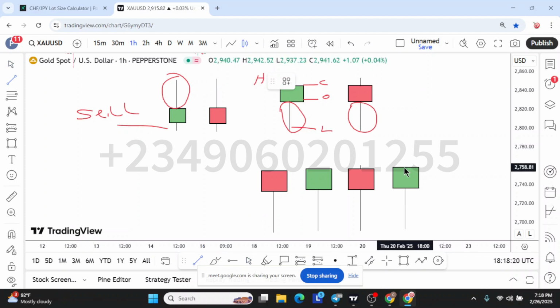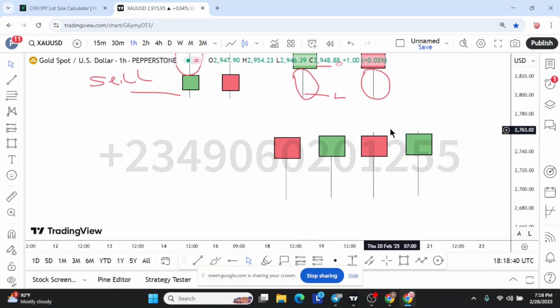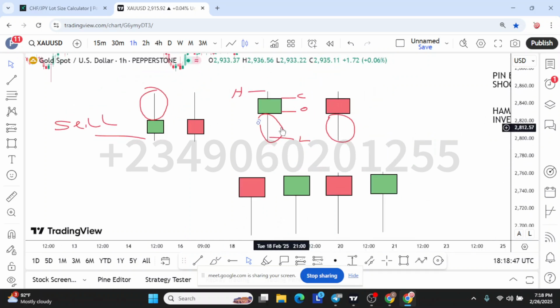The wicks will be very small, just like when we did the marubozu candlestick. This is still the hammer candlestick, but however, same information.